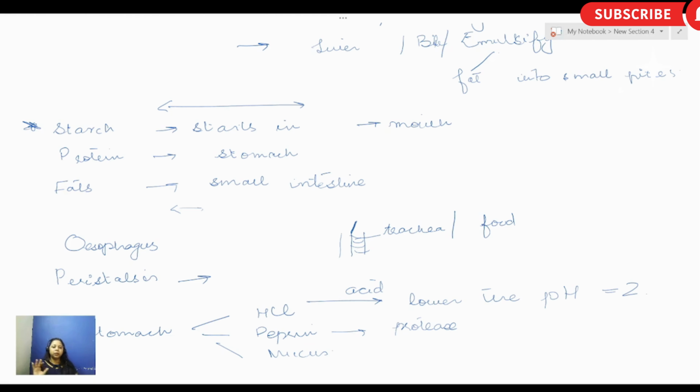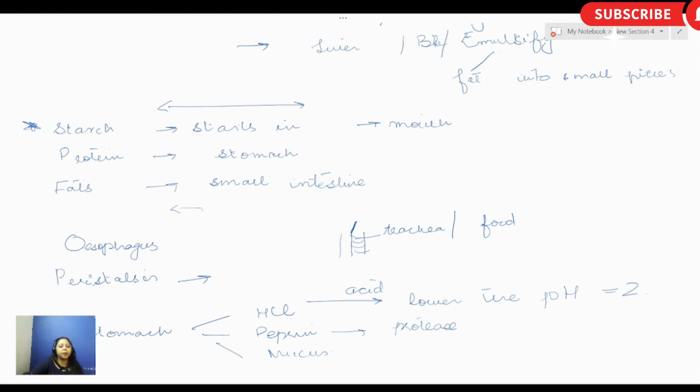It covers the inner surface or the lining of the stomach to lower the effect of HCl. Being an acid, it can be corrosive for the stomach. So your stomach needs an internal protective layer which can protect it from the HCl, and that is mucus.